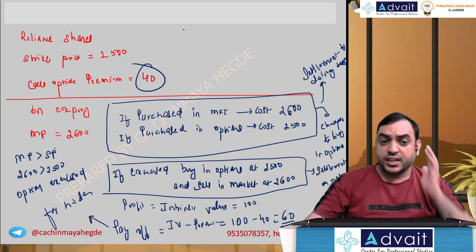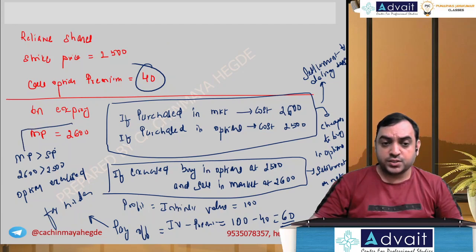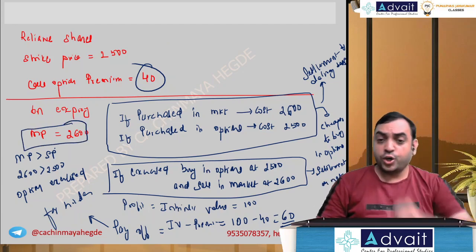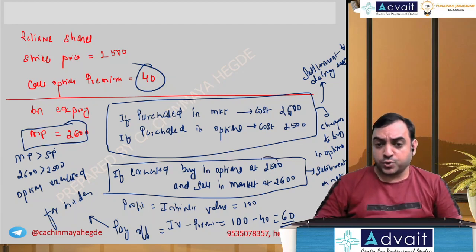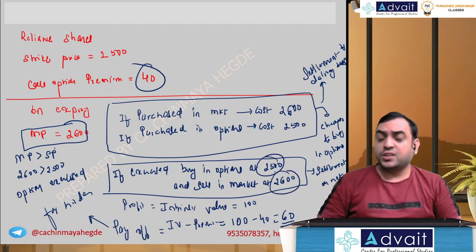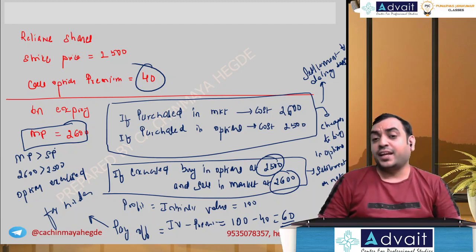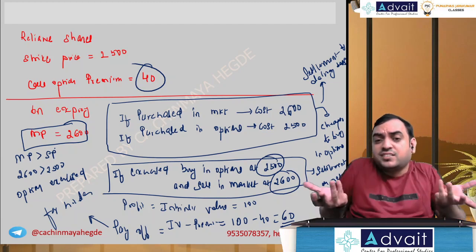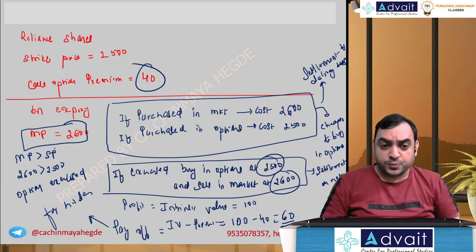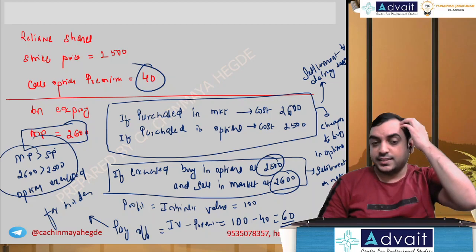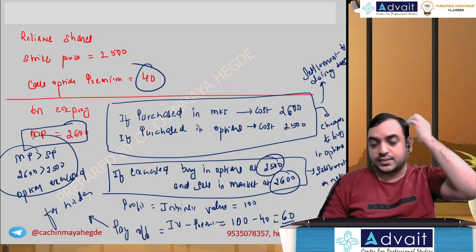And suppose the market price is not 2600, but 2400, then what do you do? Will you buy at 2500 and sell at 2400? You will incur loss. So intrinsic value cannot become negative. If it is a loss, I will not exercise. So if it is below 2500, the option is not exercised.